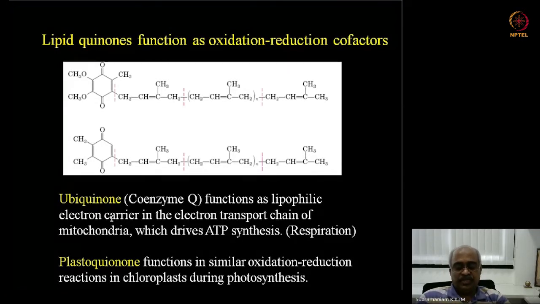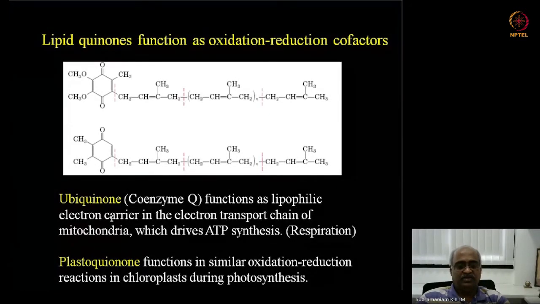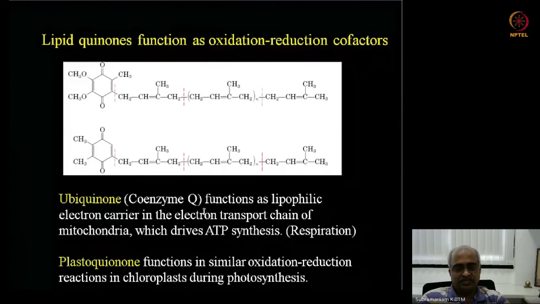When these protein complexes embedded in the membrane transfer electrons in this manner, between two such complexes, in the lipid phase of the membrane, these ubiquinones help in transferring the electrons. So that is what the ubiquinones do. This is in respiration.